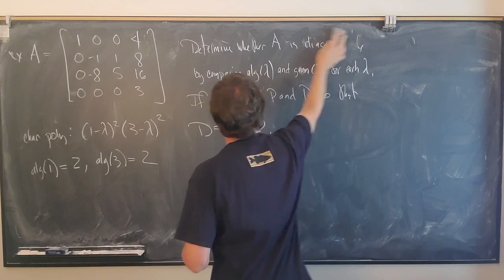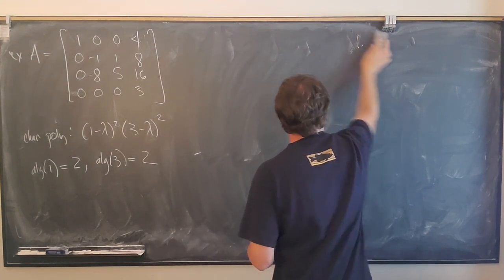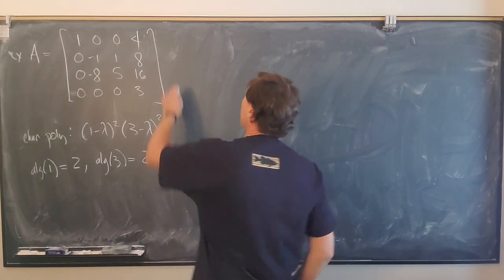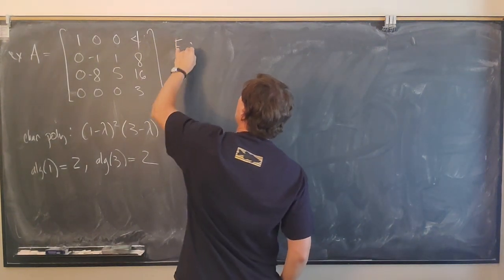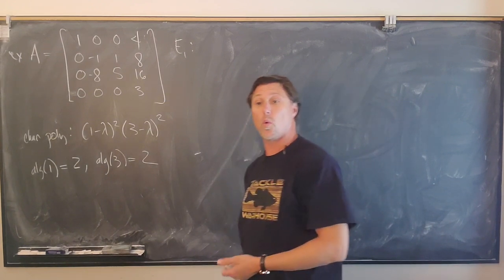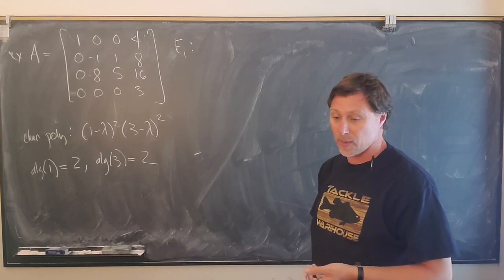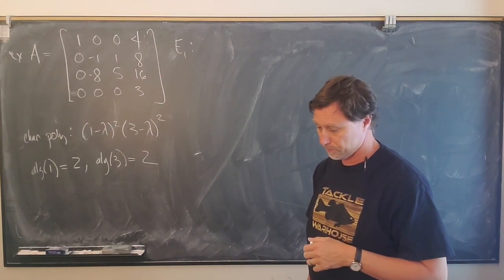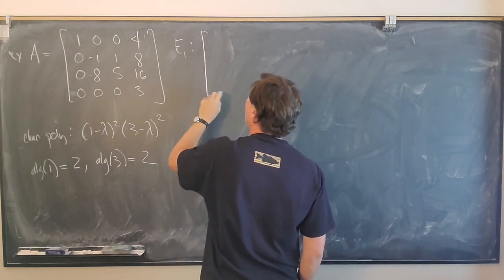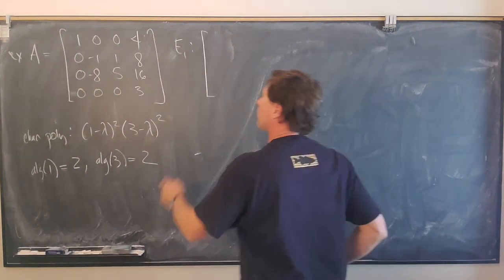Okay, so now what we're supposed to do is compare algebraic to geometric multiplicity to decide whether it's diagonalizable or not. And so let's first look at the geometric multiplicity of the eigenvalue lambda equals 1. So I need to find the dimension of the eigenspace E sub 1. I'm going to subtract 1 from each diagonal entry.